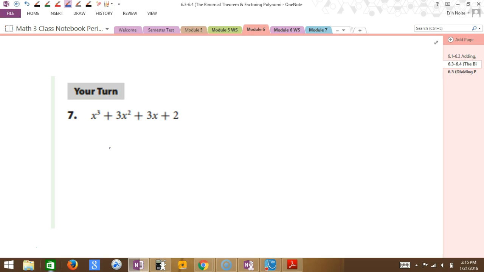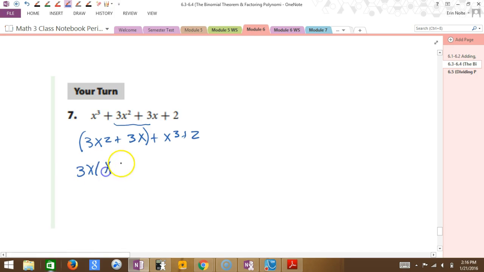So you never really know where to go when you start. Well, I like that both of these have a 3x in it. So I'm gonna start by rearranging those together. Plus 3x plus x cubed plus 2. Okay, so I grouped those 3 x's together. So I'm gonna take the greatest common factor out of that piece, which is 3x.